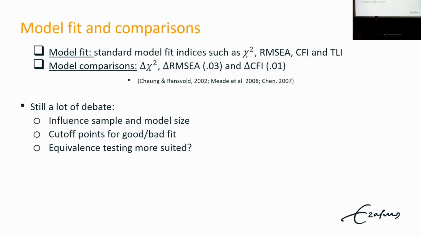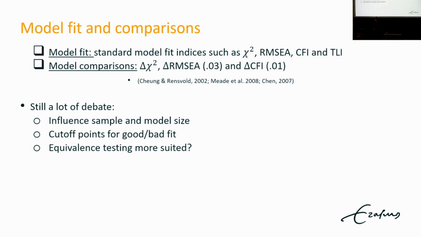Model fits, of course, are how we're going to evaluate these models. Well, you can look at the fit of each model. Does the model fit well to the data? Using standard model fit indices, and there are still a lot of debates about which ones you should use and which cutoff values you should use. This holds for structural equation modeling in general, but also more specifically for measurement invariance models.